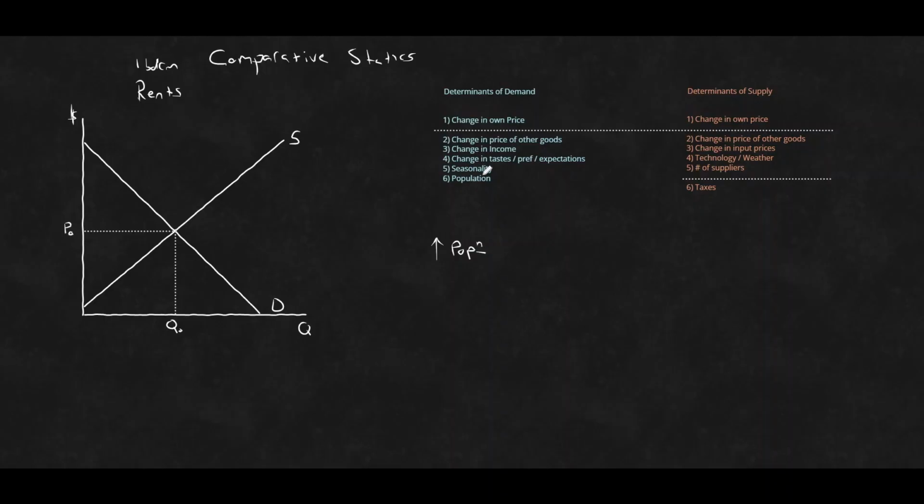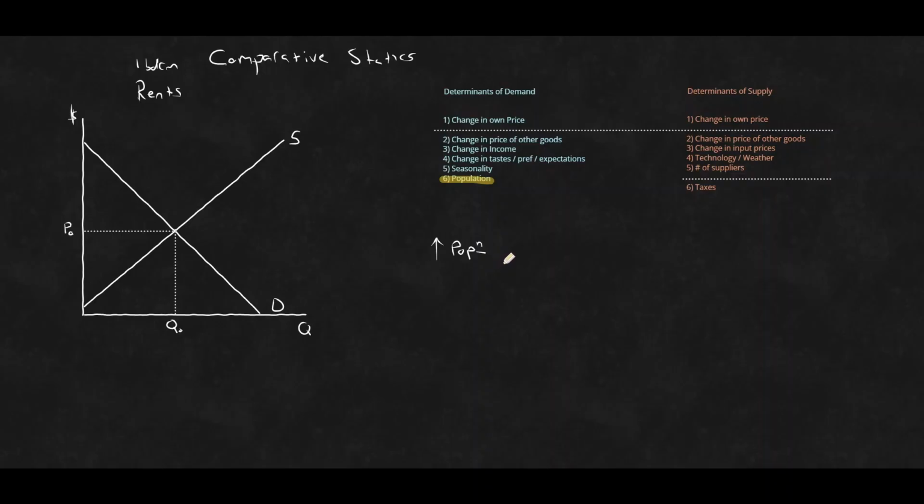So in this case, I'm saying, hey, we have a change in the population, but that's a change in the population assuming a constant season, a constant taste preference, expectation, constant income, constant price of everything else, constant price of rents, constant price to supply rents, constant prices of, again, everything else in this scenario is fixed. The only thing that's changing is the population.